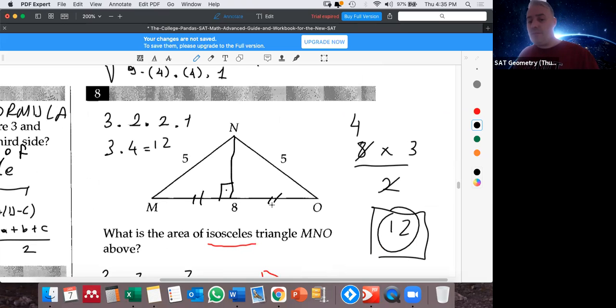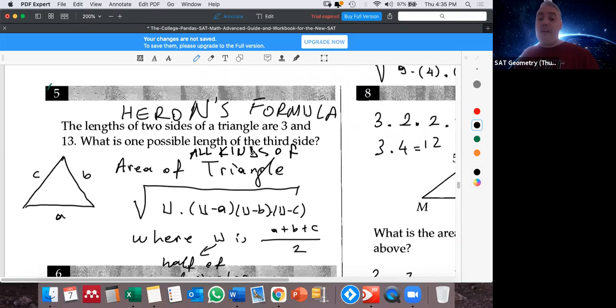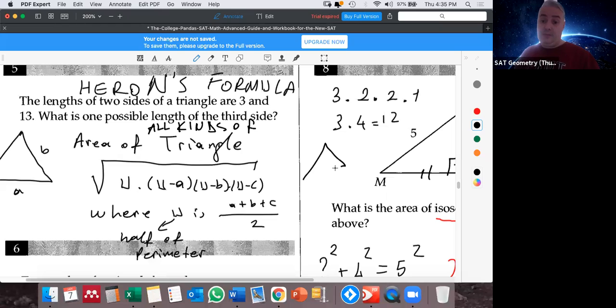Understand? But this is in general. For example, if I tell you, what is the area of this? This is not isosceles. This is not equilateral. You can't solve this the other way. It's not possible. But by using this, it is possible.